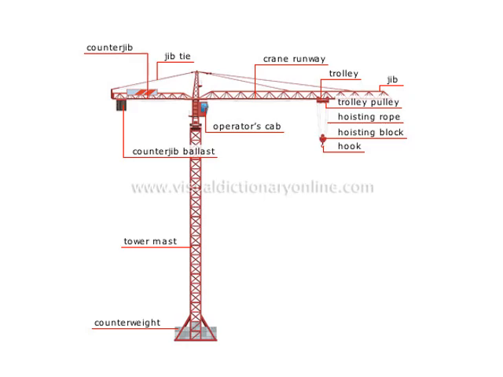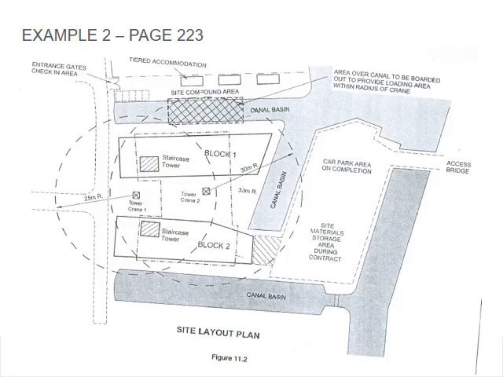Just to put the drawing on for you. So example 2, proposal 1: you've got a proposal of having one fixed crane on this side and another fixed crane on that side.